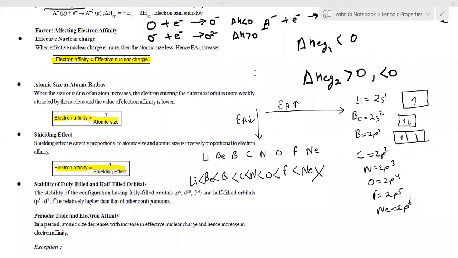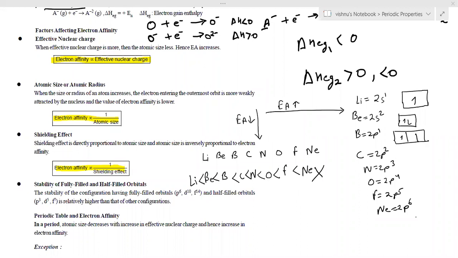Okay then. Now we will see each element according to its configuration. We'll start with neon. When we talk about neon, all the atomic orbitals are already fulfilled. It's 2p6.